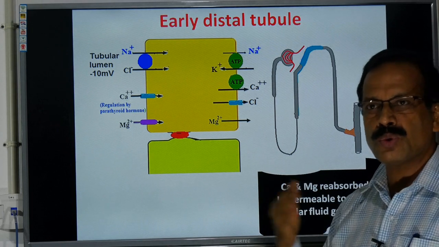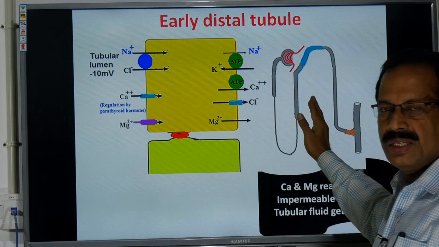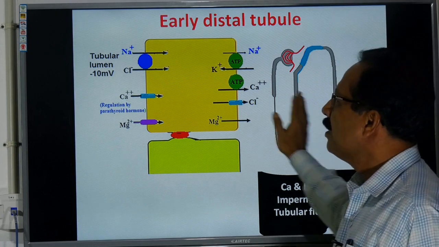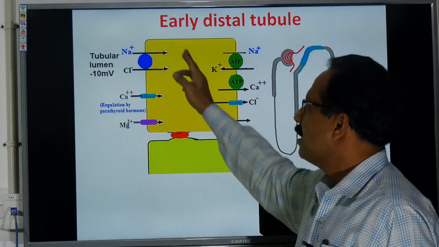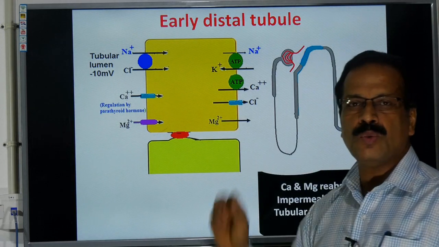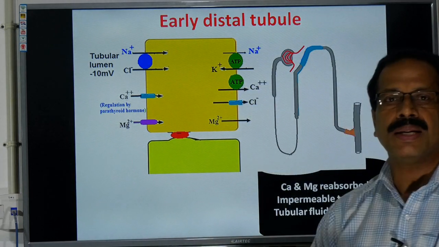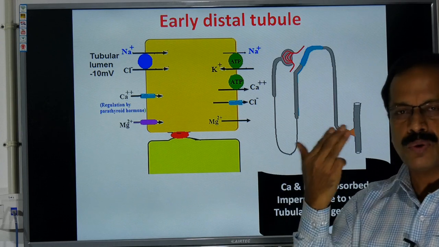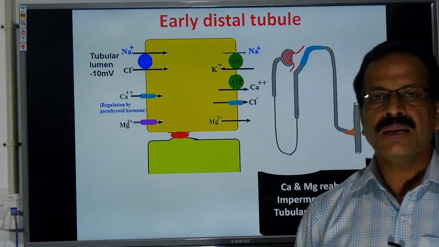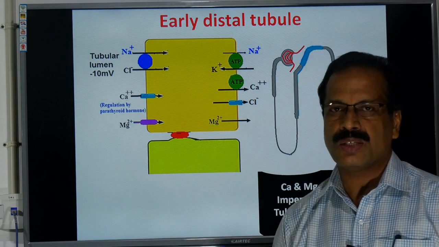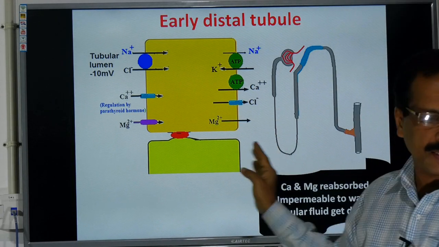As a result, more sodium will be removed from the cell into the interstitial space, and this will drive sodium movement from the lumen into the cell. Also, the surface area of the luminal as well as the basolateral membrane increases. As a result, more of these channels will be present there. This will also increase the reabsorption as well as movement of sodium from the cell into the interstitial space.